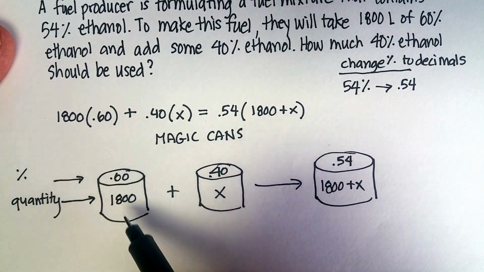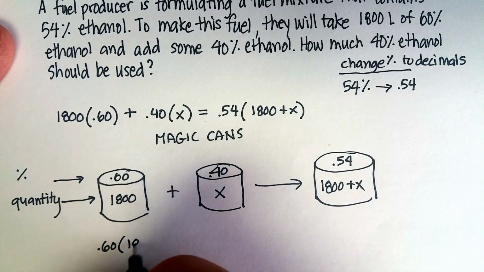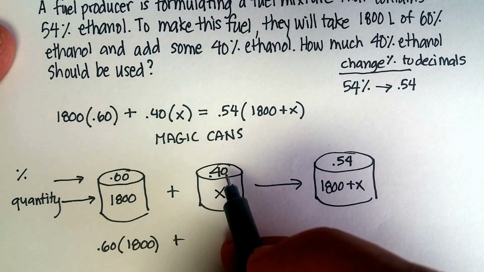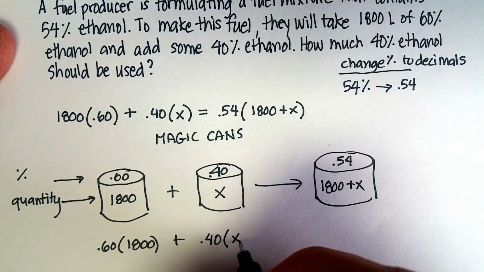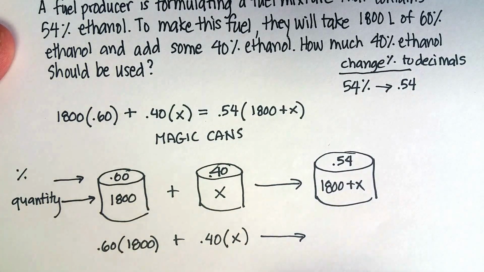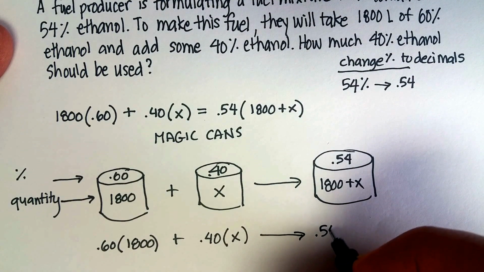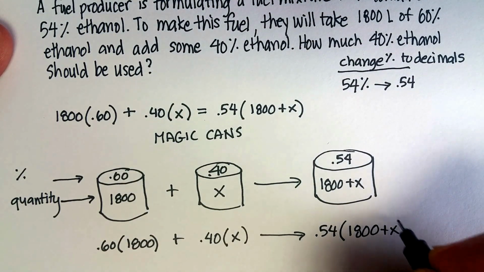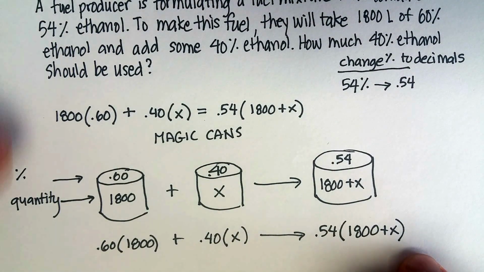You go this times this plus this times this will be equal to this times this. And there's your equation.